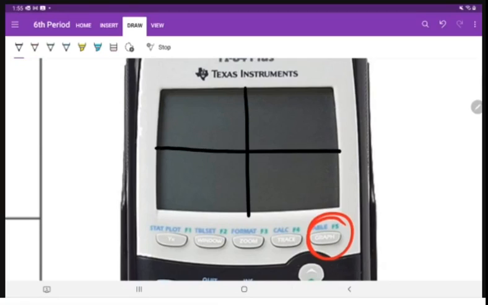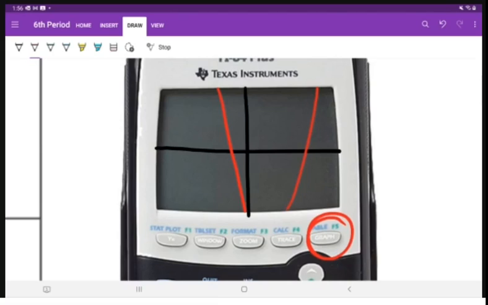My screen looks like this, and my parabola goes down about like this on my screen. Is that what yours looks like? Some people are saying yes and some people are saying no.